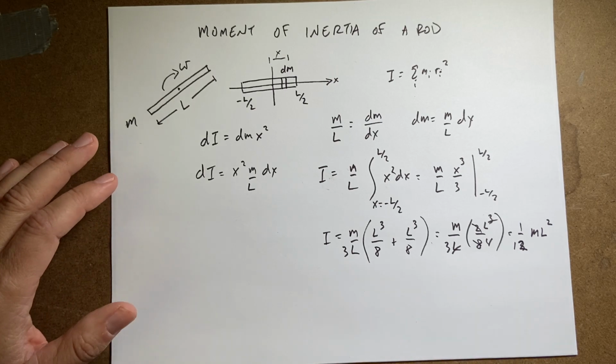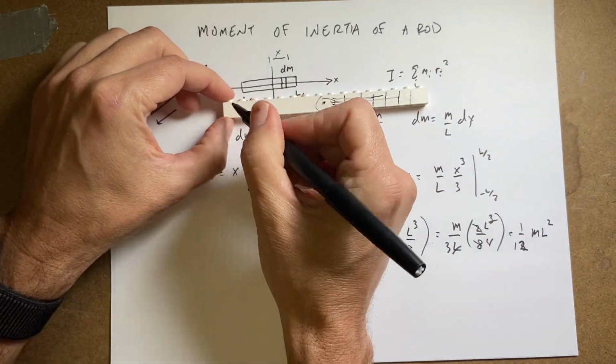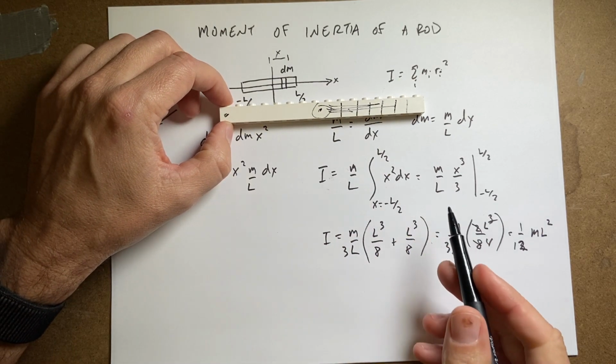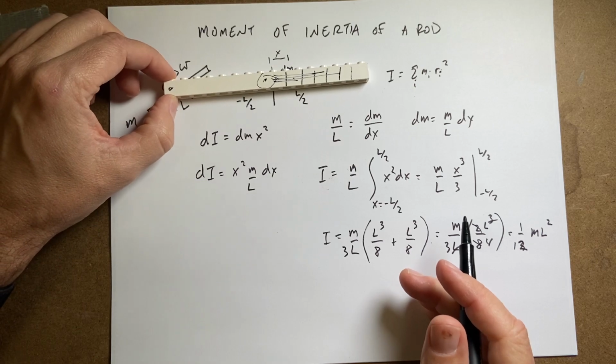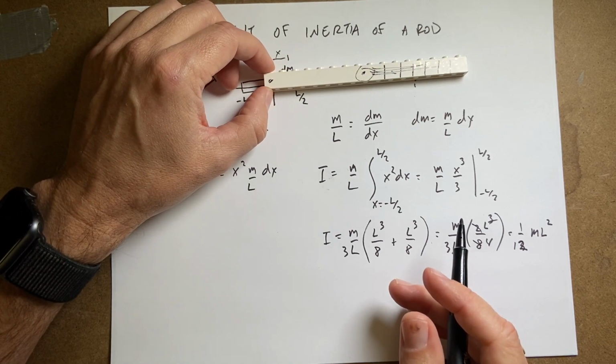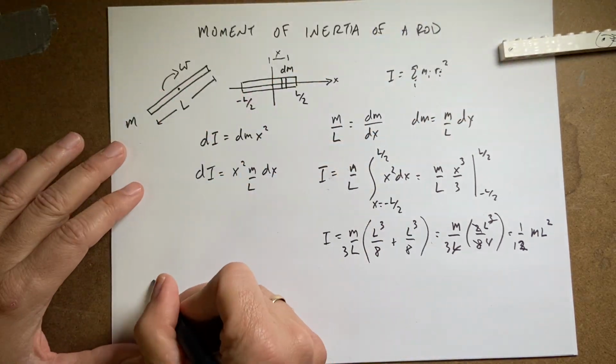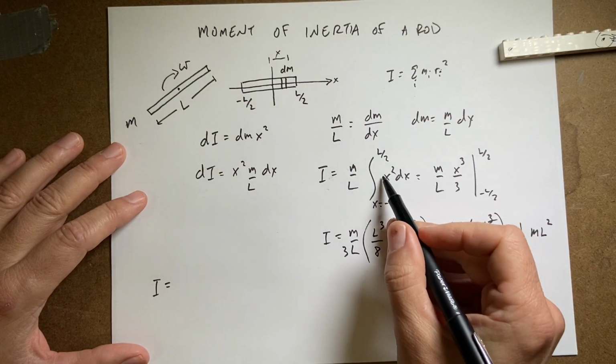Okay, what if I want to do this, where I rotate it about this point right there instead? Well, the integral is the same. The only difference is now, instead of integrating like that, I shift it like that. So now I'm going from 0 to L. So I get I equals, the integration is the same.